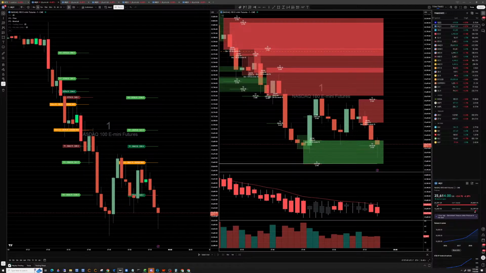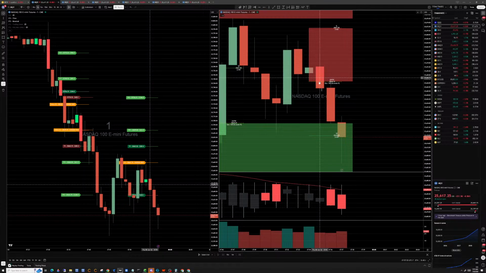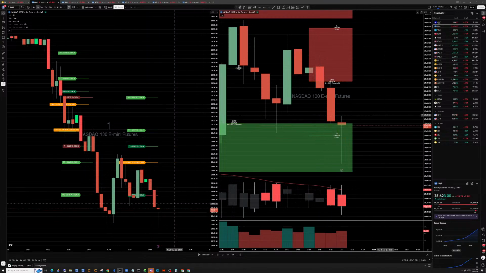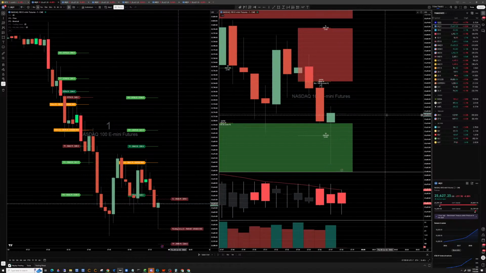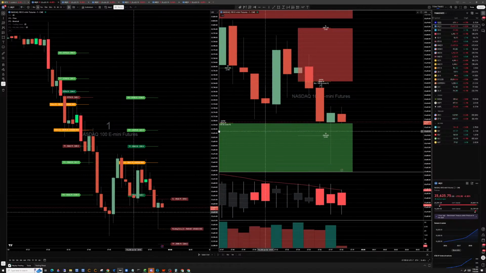Which one you looking at, Ken? I was looking at this zone and I was just seeing it break out and I was like, I bet you Darren's taking that trade, but then I remembered you do the 5 minutes instead of the 1 minute. Yeah.